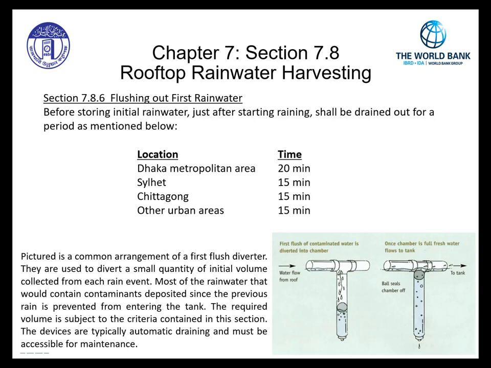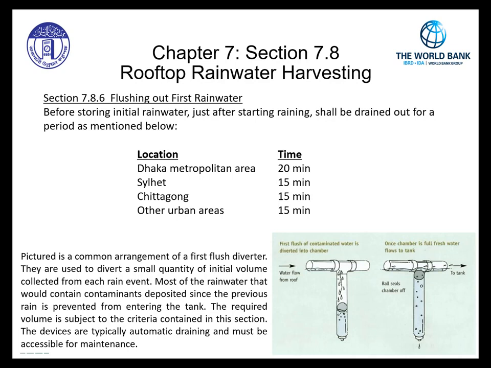Locations such as Dhaka, the metropolitan area, 20 minutes is needed for initial flushing before storing rainwater. The location Chittagong, 15 minutes. Other urban areas as well, 15 minutes.